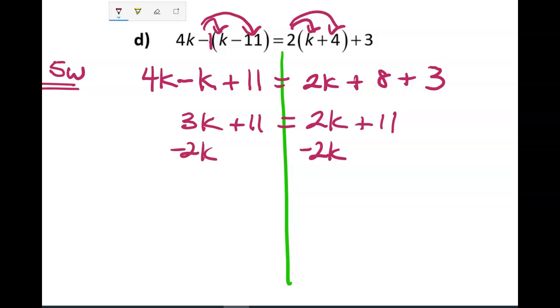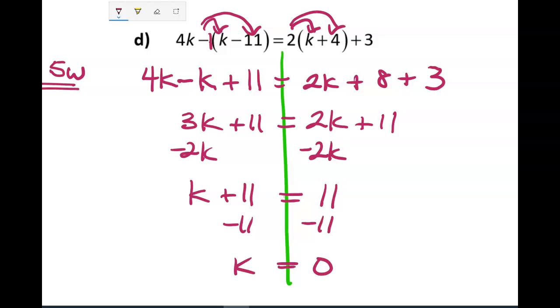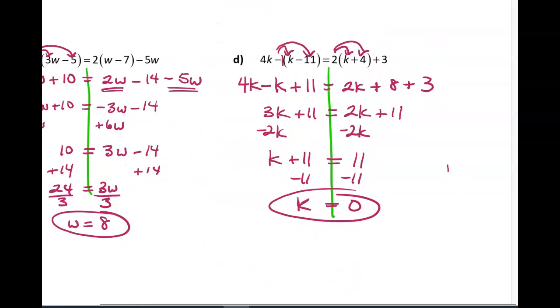You can subtract 3k off from both sides if you want to, but I like to subtract 2k because 3k minus 2k is just k, and k is what we want to isolate. And now we can subtract 11 from both sides, and we get k is equal to 0. All right, that's it for this section.